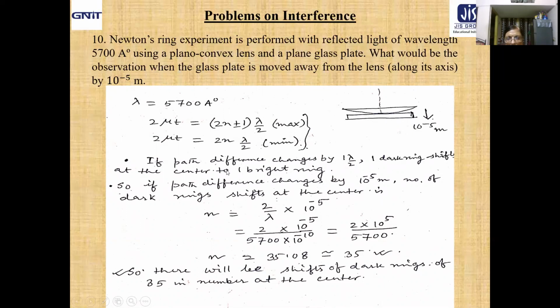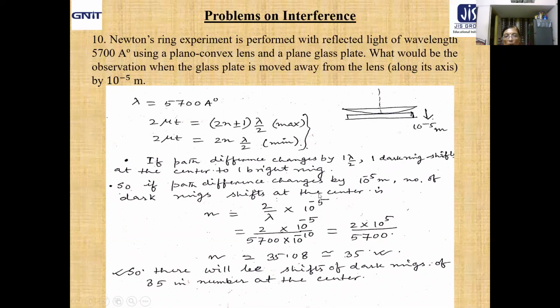If path difference changes by lambda by 2, then there is a shift of one dark ring to bright. If it changes by 1, then it will be 2 by lambda, simple unitary method. And if path difference changes by 10 to the power minus 5 meter, number of dark rings shifted at the center is 2 by lambda into 10 to the power minus 5.